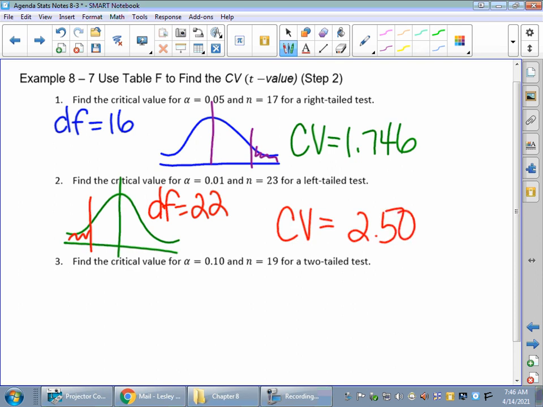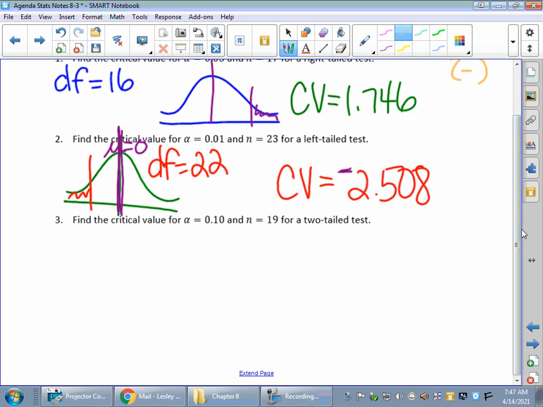Now use what you know. Remember, on a standard normal distribution, mu equals 0, so that has to be a negative. So if it's left-tailed, we're going to use a negative value. If it's right-tailed, we use a positive value. So watch that. That makes a big difference when you find your test statistic.